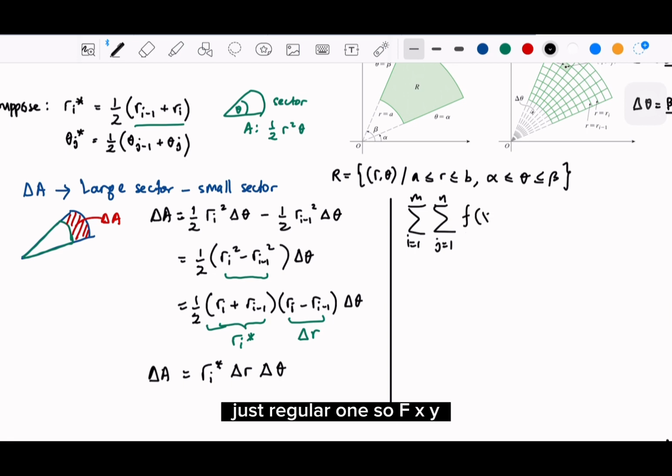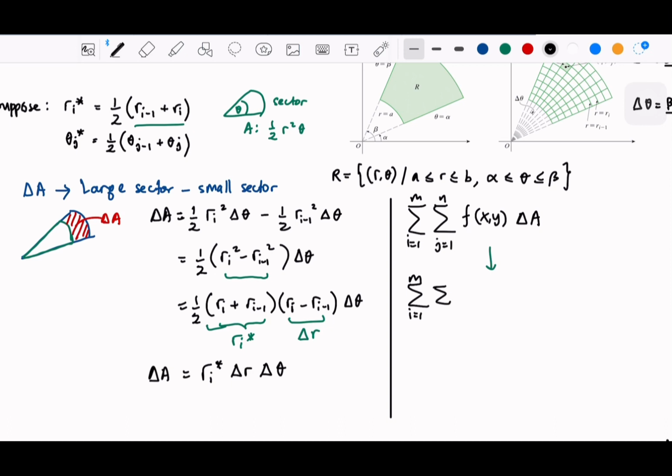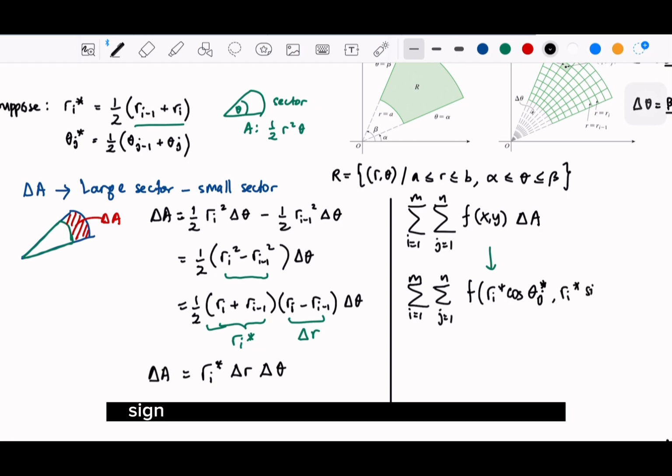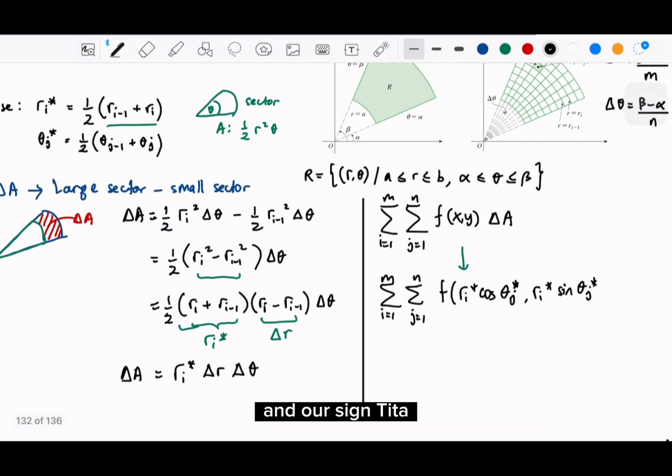So f of x y, this is delta A, right? Now first we convert into polar. Still this is m, and this will be ri cosine theta j. This is ri sine theta j. Just to change x y into r cosine theta and r sine theta. And then this will be delta A i.